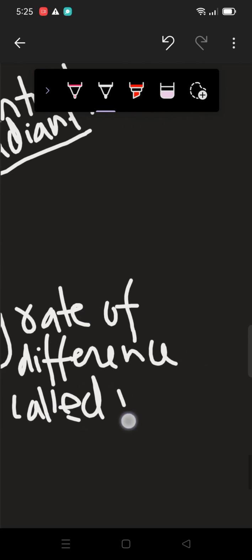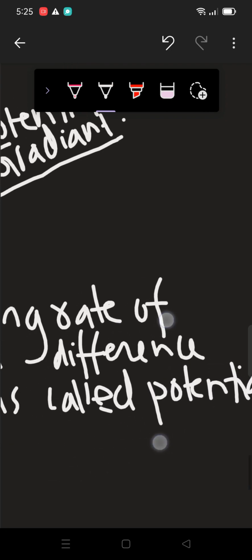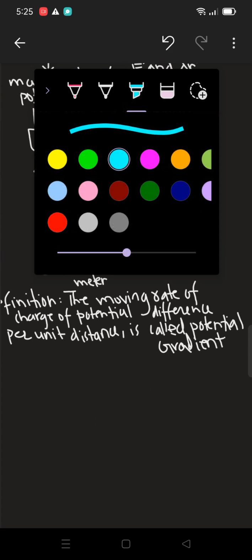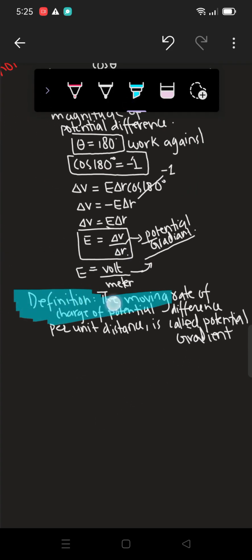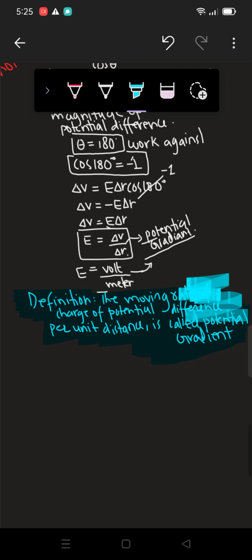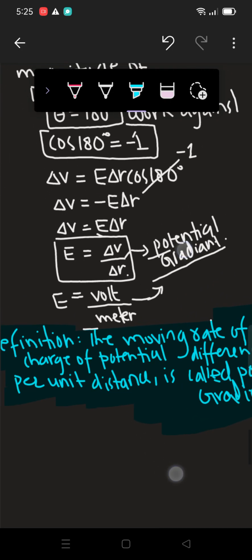So the rate of change of potential difference per unit distance is what we call the potential gradient.